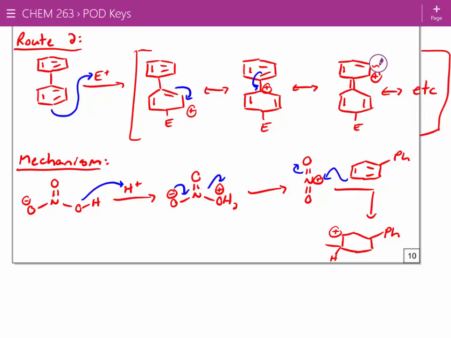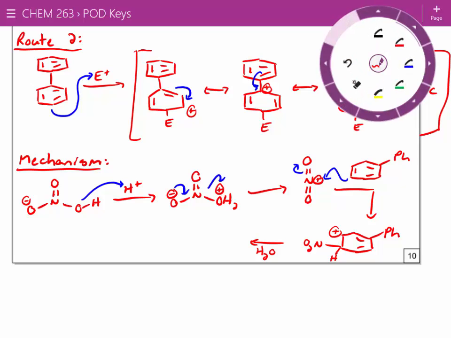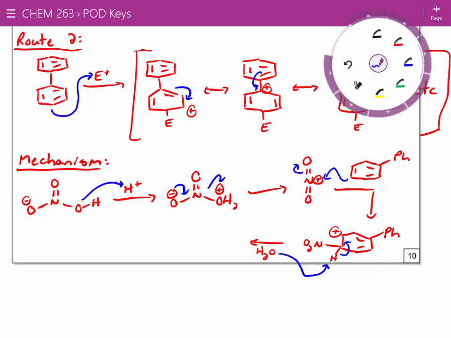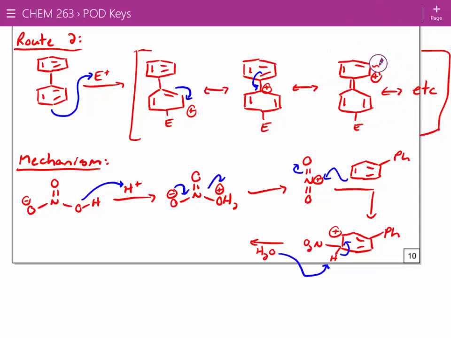We have a hydrogen. We've got NO2. Then, last but not least, what do we need to do? Restore aromaticity. So we show the last arrow pushing where we grab this proton, clamp down, and we get our final product. And let me actually draw out the full final product.